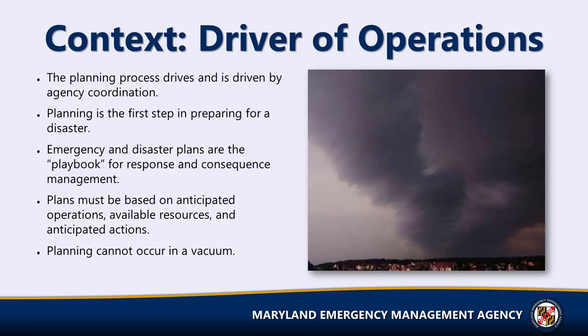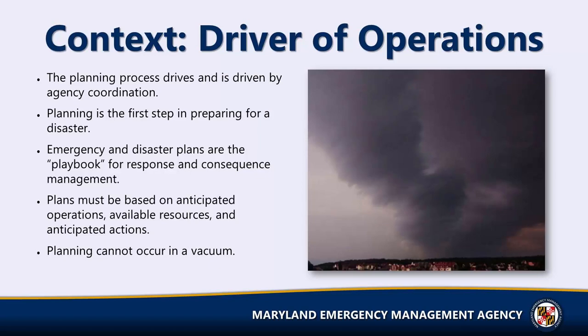While it is likely that plans will not be followed to the letter during a disaster, the planning process is where agencies develop relationships with key operational partners, and these relationships are critical to operational success. The planning process drives and is driven by agency coordination.